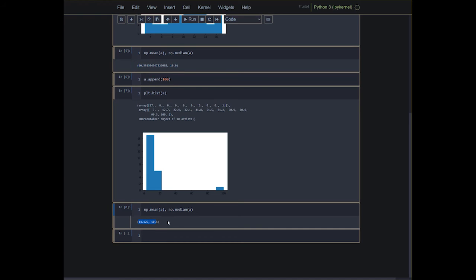It looks like the mean has shifted more than the median. That means this outlier has more effect on the mean than the median. Therefore, the median statistics are less susceptible to outliers, which is obvious from these values.